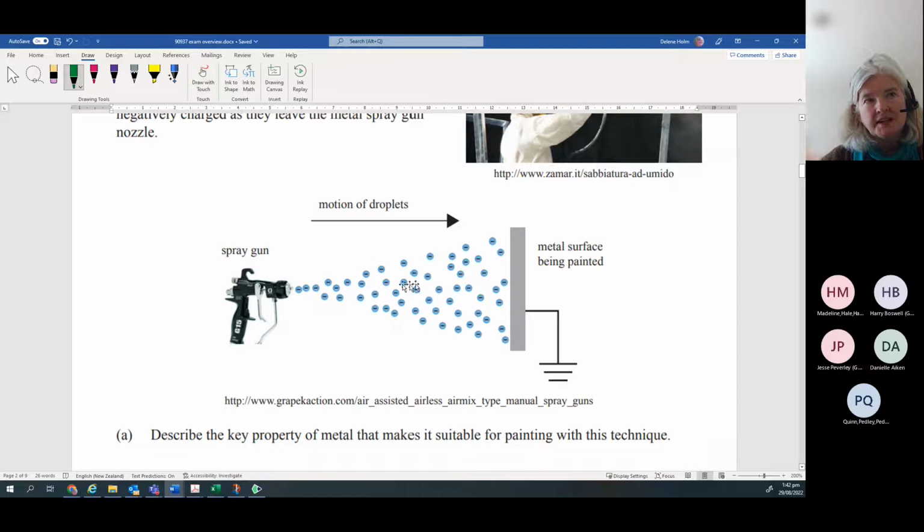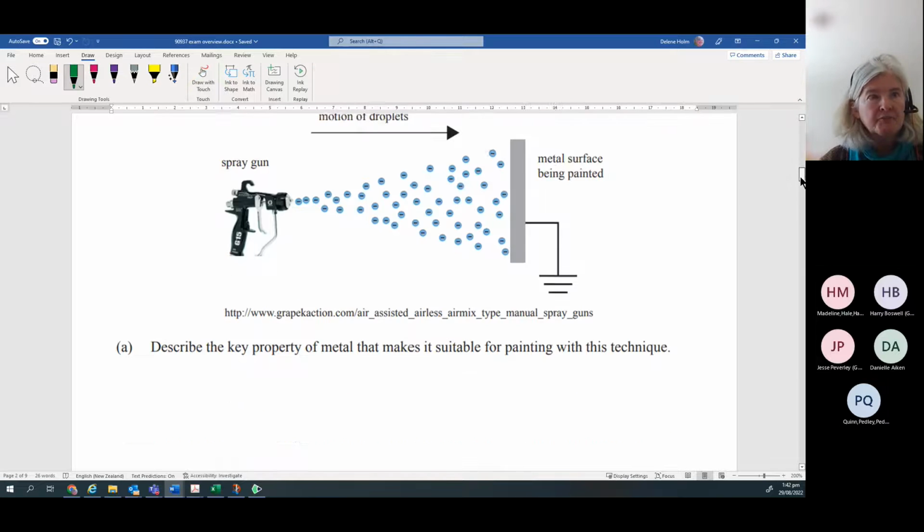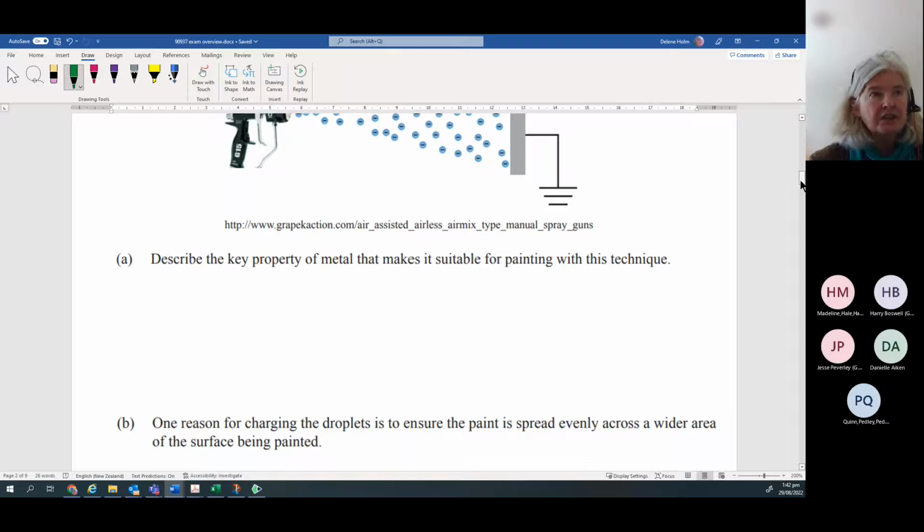So if you see negative charges or even positive charges, hopefully you will immediately think of, is it a conductor or is it not a conductor? Okay, so metal can be painted very easily this way because it is a conductor, which means charge can move through it very easily. And hopefully that was okay for everybody. It's a straightforward achieve level question that the metal is a conductor.